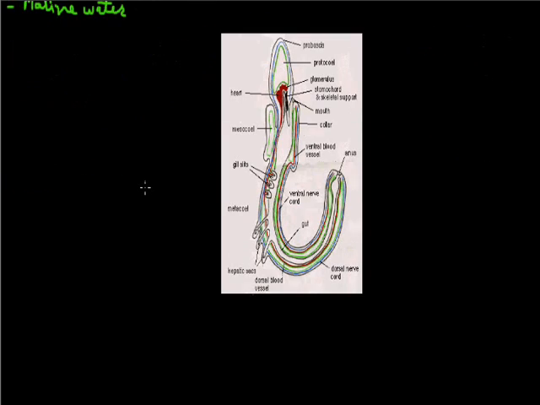Now, what is another important feature of this phylum? The animal body is divided into three parts. Part number 1 we call the proboscis. Part number 2 we call the collar. And part number 3 we call the trunk.